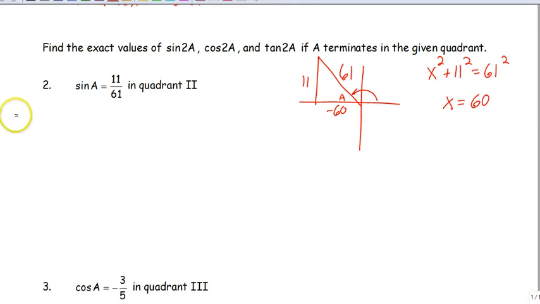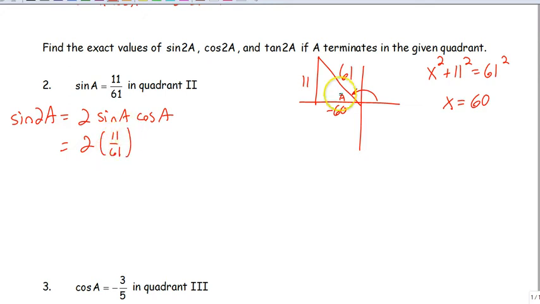So first thing I'm going to do is sine of 2a. The formula we just did up there is 2 sine a cosine a. So when you plug these values in, you get 2 times the sine of a, which is 11 over 61, and the cosine of a, which is negative 60 over 61.